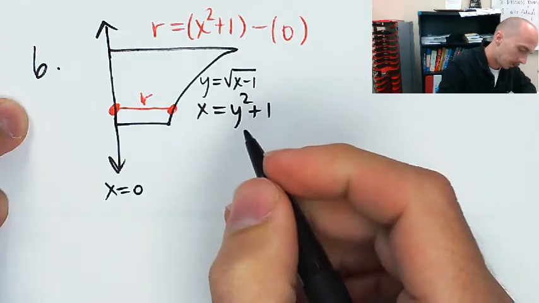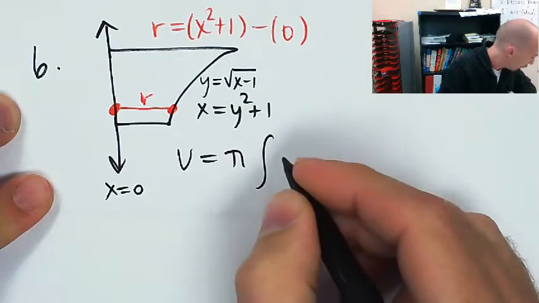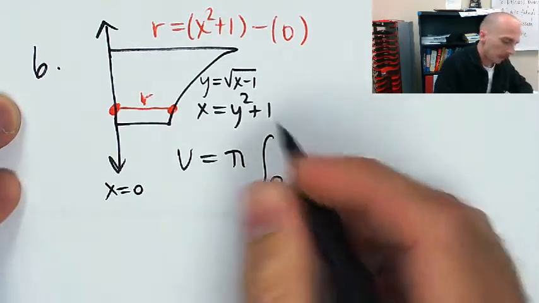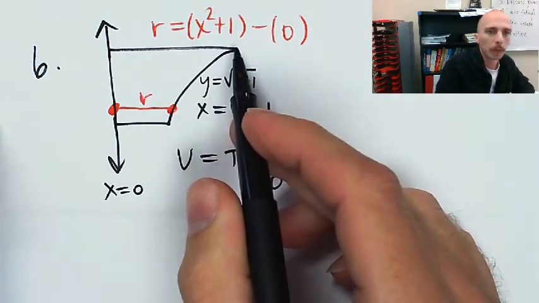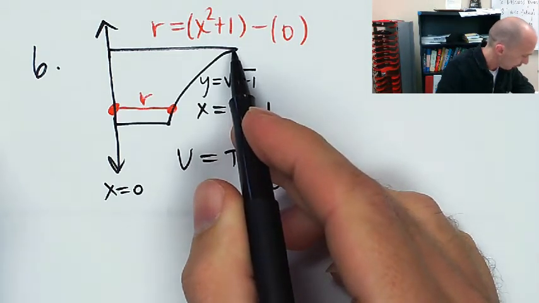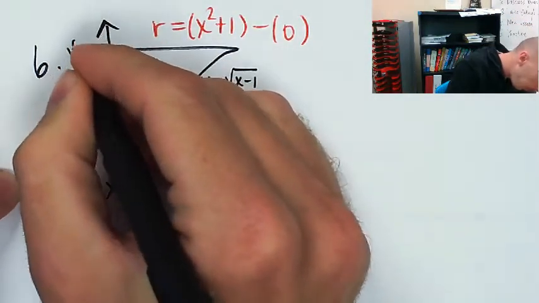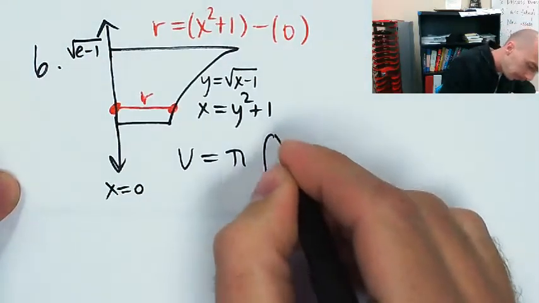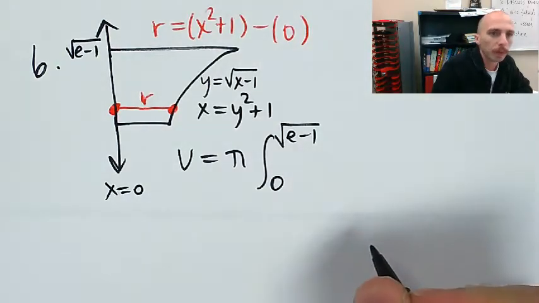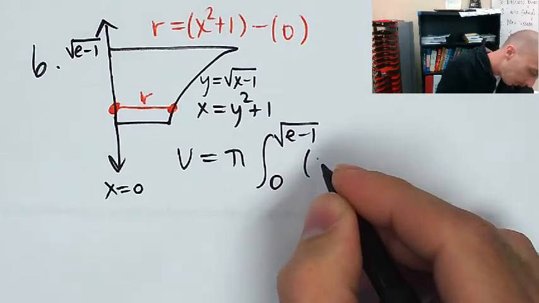And then volume is pi times the integral from y equals 0 up to, we know the y coordinate of this point because the x coordinate is e, and we're on the graph of y equals the square root of x minus 1, so y is going to be the square root of e minus 1. R is x squared plus 1, so pi, wait.